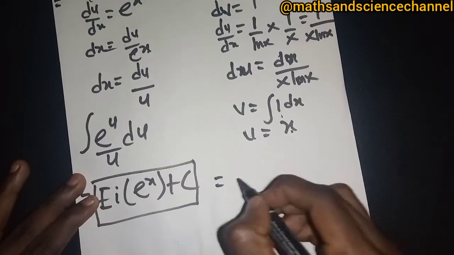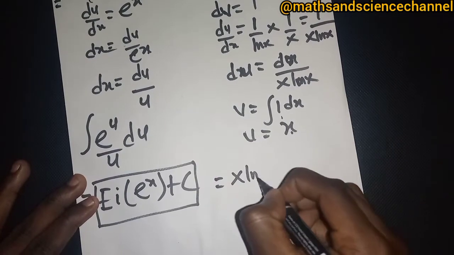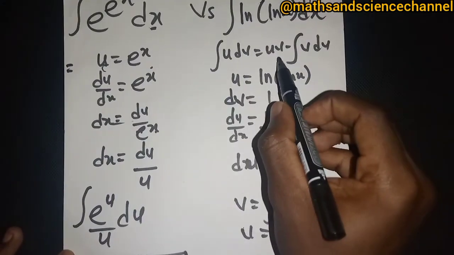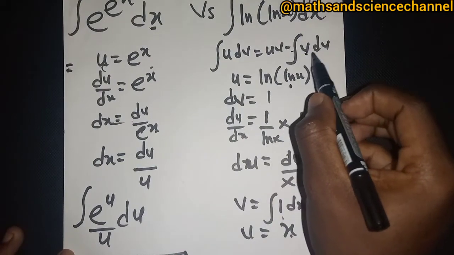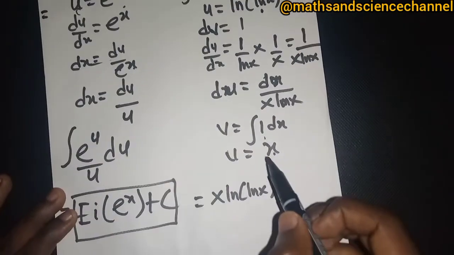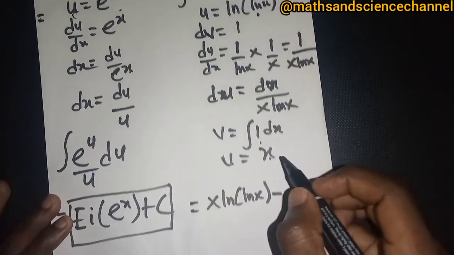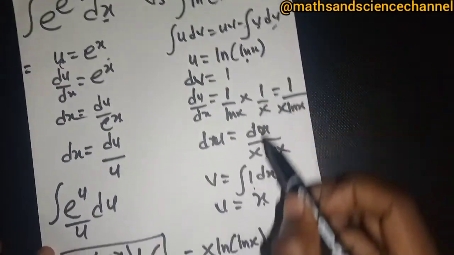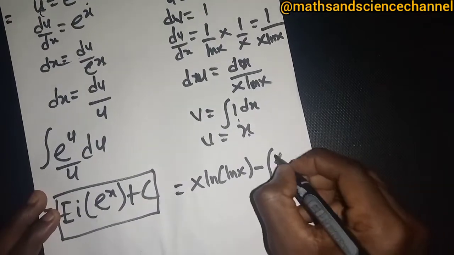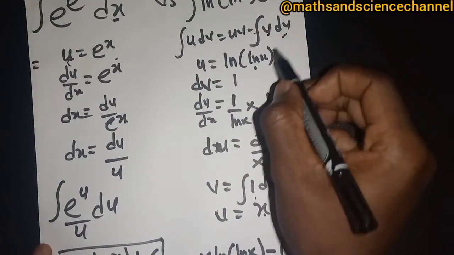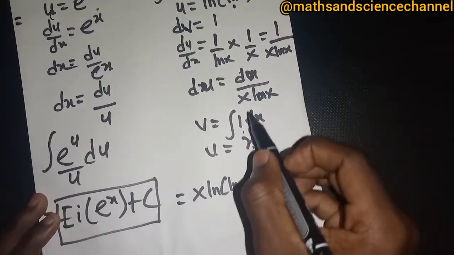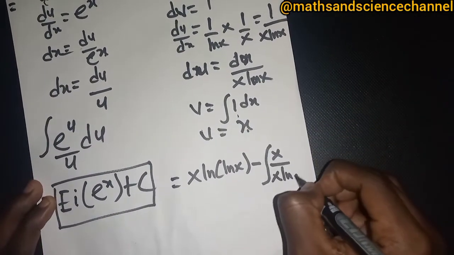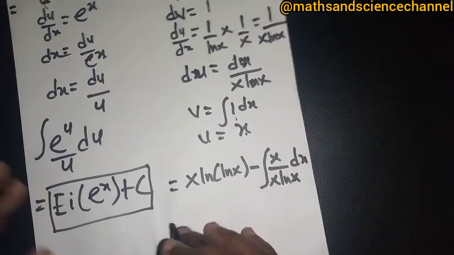So over here we have x ln(ln x) minus the integral of v du. So v here is just x, and then du is just dx over x ln x. So we have the integral of x over x ln x with respect to x.